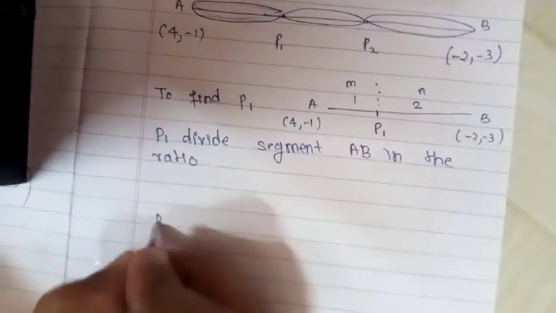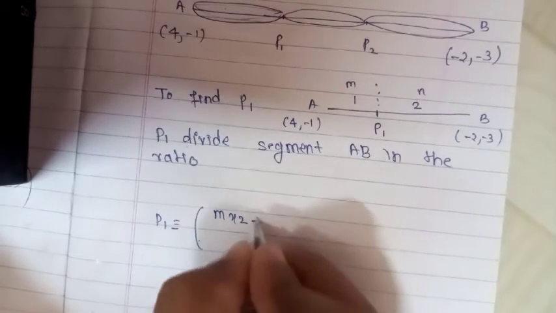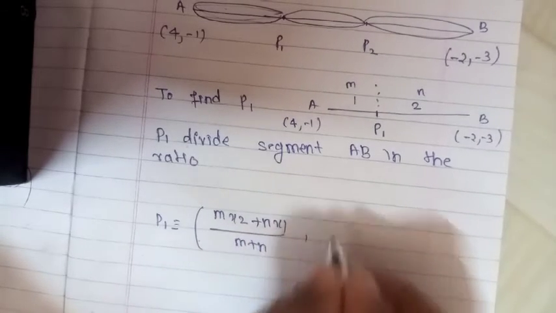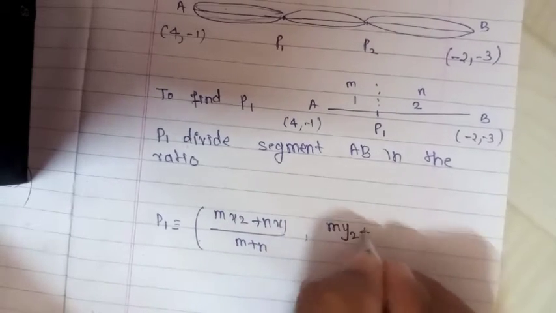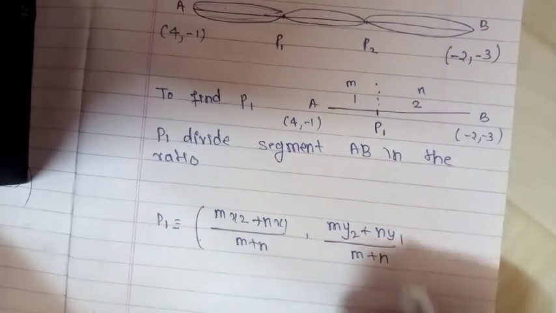So P1 you will get mx2 plus nx1 upon m plus n, my2 plus ny1 upon m plus n.